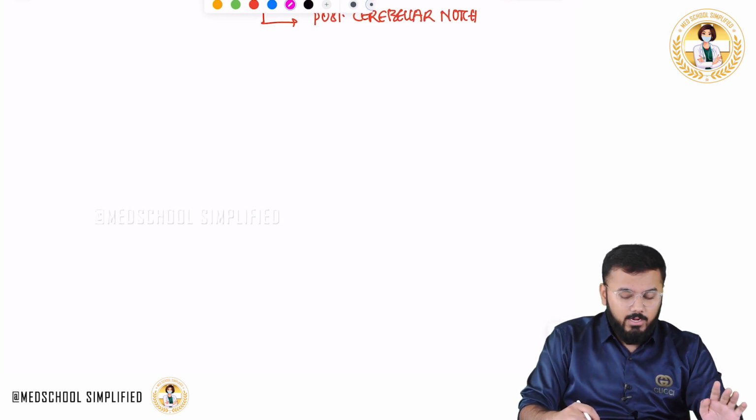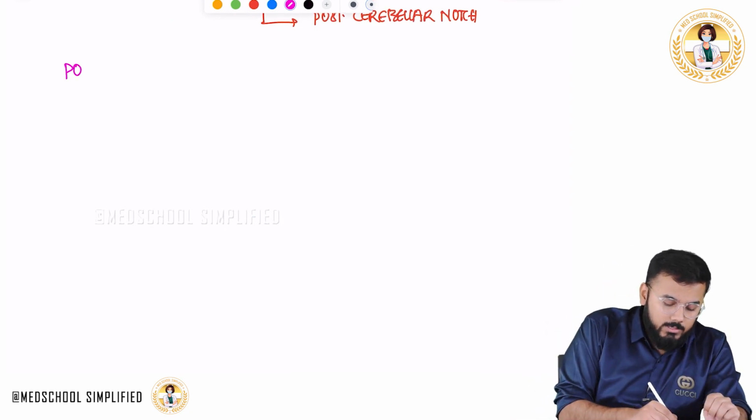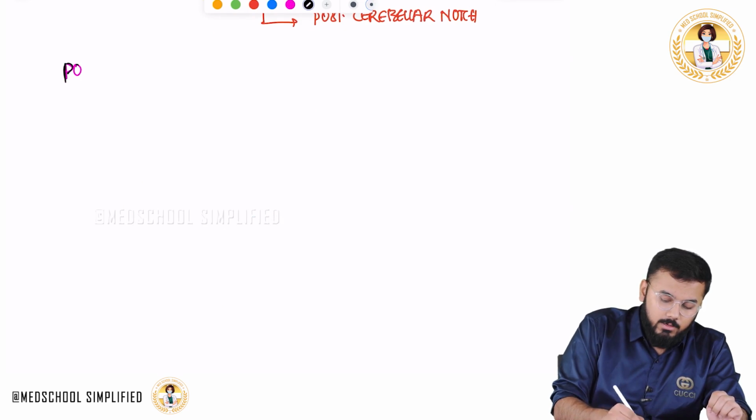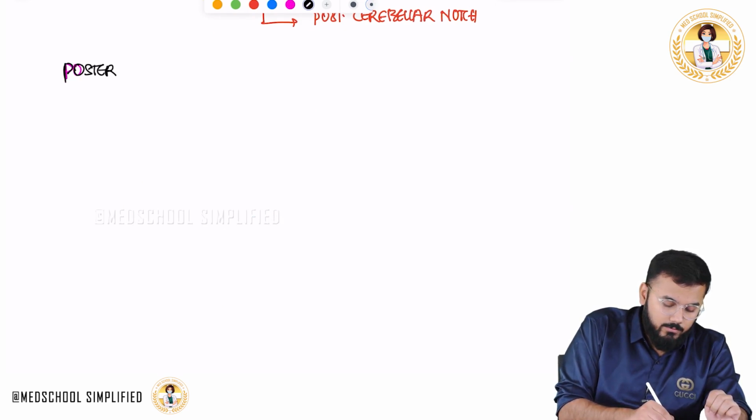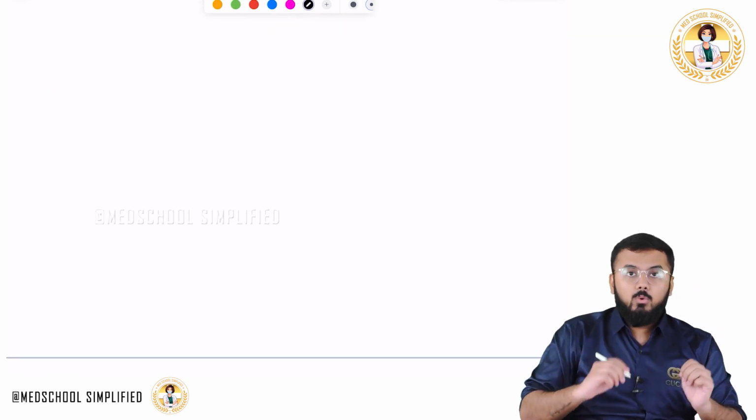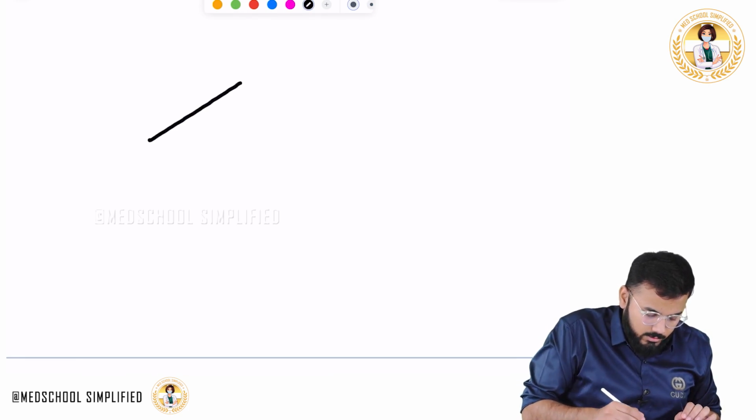For example, if we draw the posterior view, how does the picture look? We will discuss the posterior view. Now, in the posterior view, how does the picture look? So, this is how the picture looks in the posterior view.